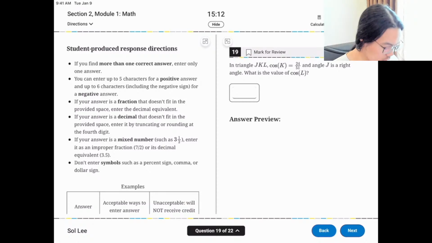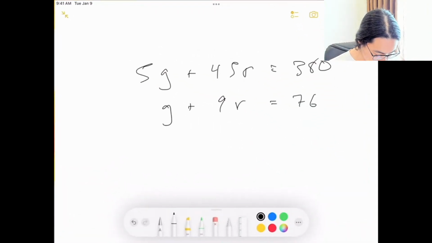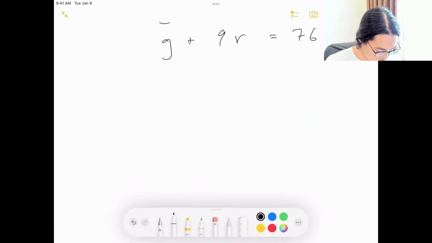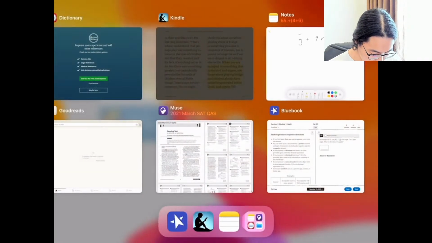JKL, cos K, 24. Wait. SOHCAHTOA. Opposite over hypotenuse, okay? Hypotenuse is 51, opposite is K. Angle J is a right angle. What's the value of cos L? I need a JKL. What's the right angle right now?